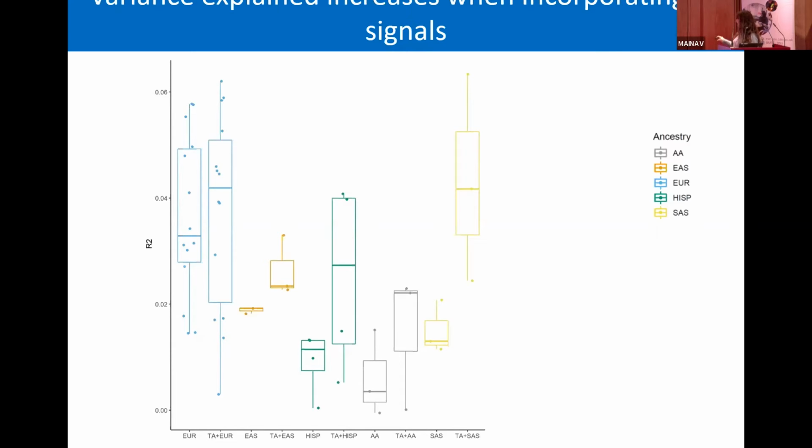In other words, even though many of these SNPs are not genome-wide significant in those ancestries, they're still contributing to the genetic architecture of that trait in that ancestry, and probably the reason they're not genome-wide significant is because we're really underpowered.